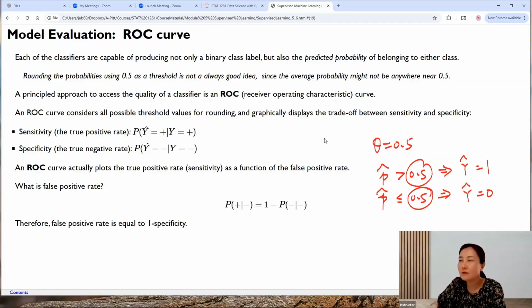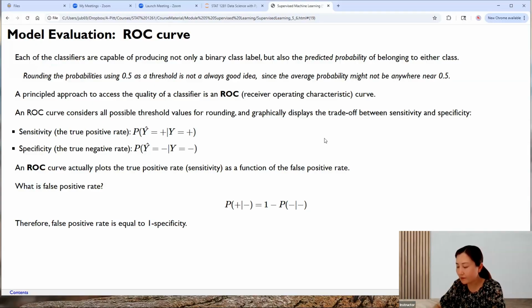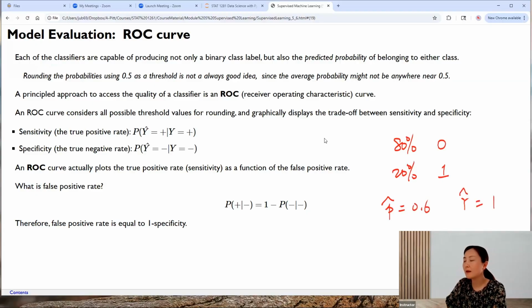For example, in very imbalanced data. Suppose the data set is very imbalanced. We have, for example, 80% 0 and 20% 1. Then if the predicted probability is 0.6, we may say y hat should be equal to 1.